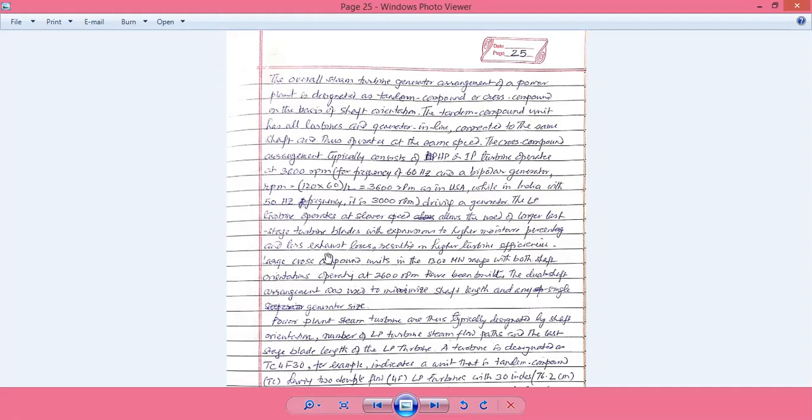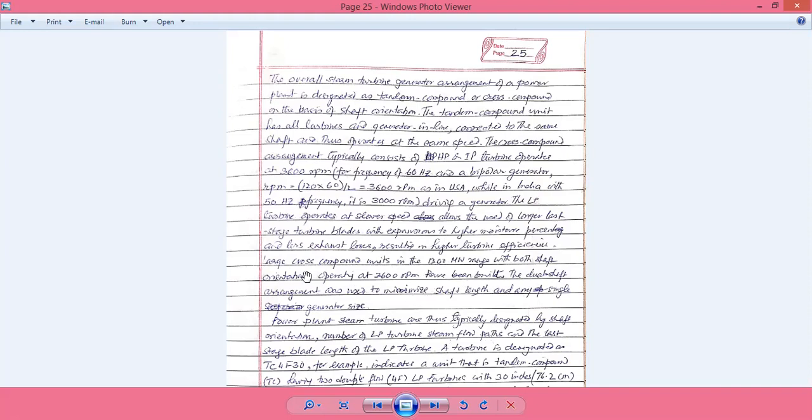Driving a generator, the low pressure turbine operates at slower speed, allowing the use of longer last stage turbine blades with expansion to high moisture percentage and less exhaust losses.